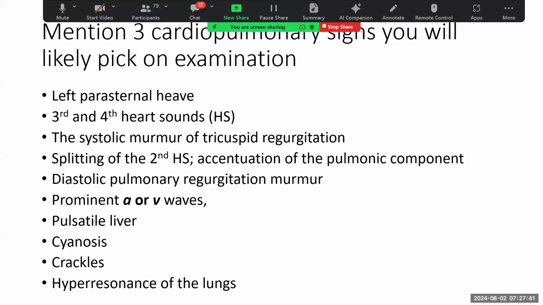Now, talking about the right heart catheterization that you mentioned, you are right to say that it's the gold standard. Its usefulness is, one, to make the diagnosis of pulmonary hypertension. It's also very important to know what type of pulmonary hypertension we are dealing with. Is it the pre-capillary type, the post-capillary type, or a mixed picture? And it's during this procedure that you do your vasodilator test, and the result of the vasodilator test will determine which of the medications we have mentioned the patient can benefit from.